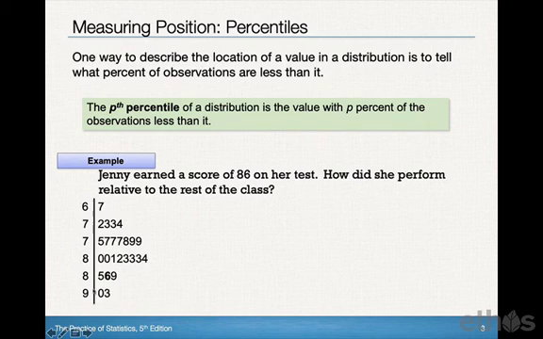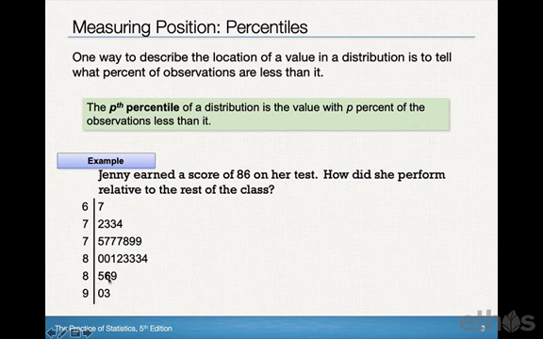They were kind enough to give you a stem and leaf plot here. If you have to make your own, make certain that the leaves are in numerical order, lowest to highest, before you start counting a data point's position. So you count and learn there are 25 data points.